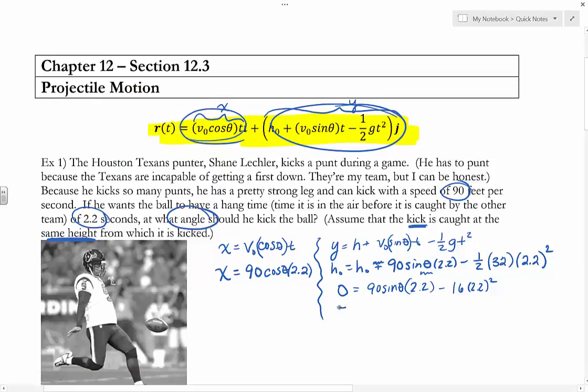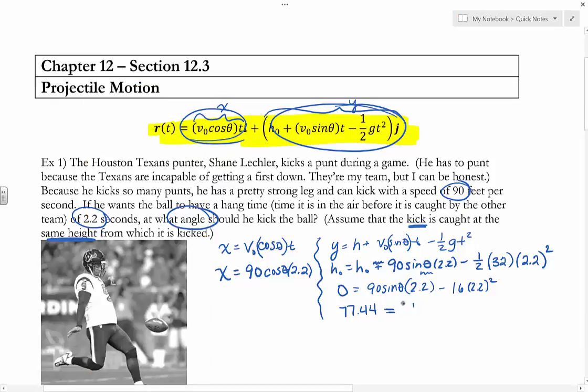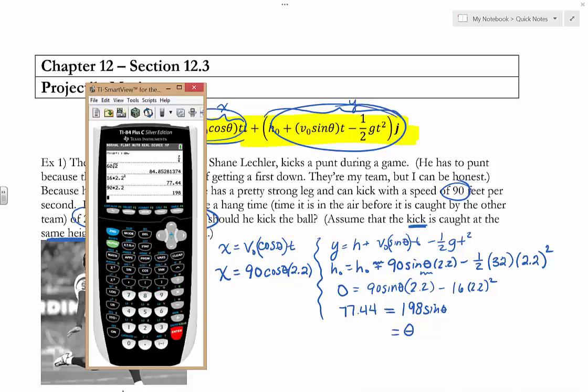So 77.44. And then 90 times 2.2, oops, is 198 sine theta. So I'm going to divide and find theta all at once here. I trust that you guys know how to do that.